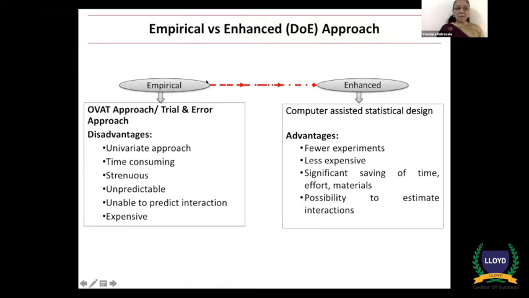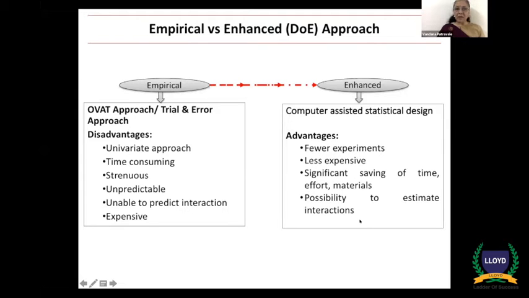Now, what was happening in trial and error is that you could not predict interaction between the variables. You were fixing one parameter and then looking at other parameters, moving on to second and the third and the next. But here it is possible to estimate interactions which are happening.